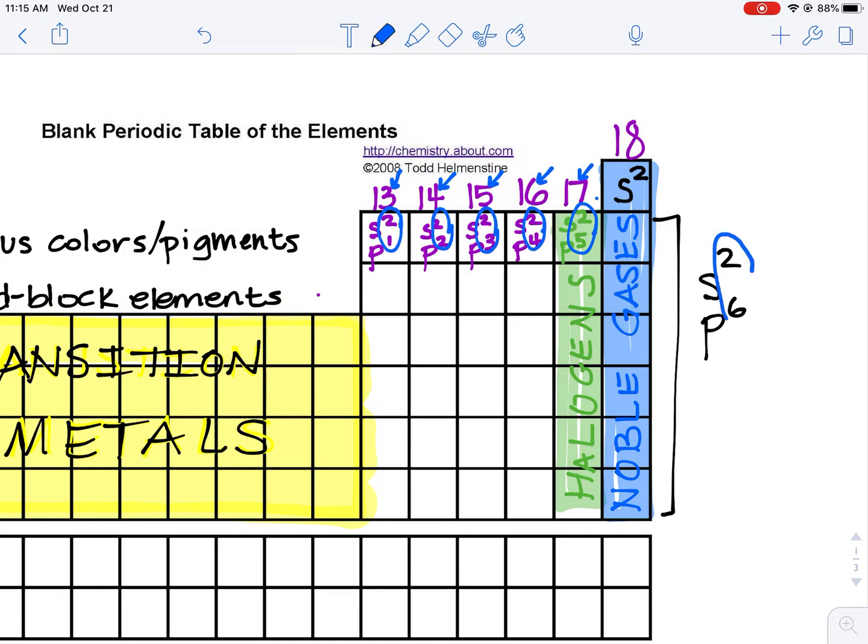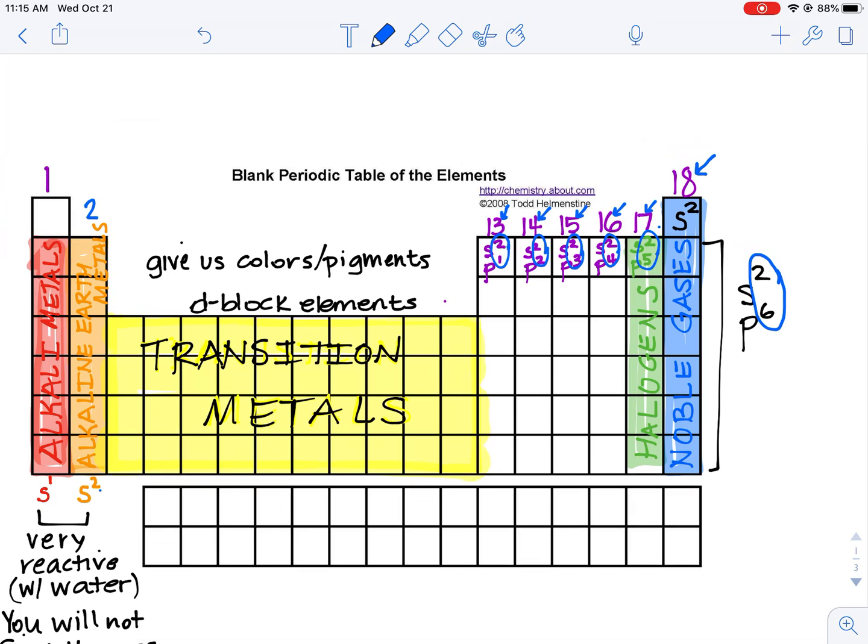If we follow the pattern that we established just a moment ago, adding up the numbers 2 and 6, the total number of valence electrons equals 8, which is the number in the ones column of the group that it's positioned in. So we have that relationship. And this now starts our conversation of why helium is positioned here in group 18 and not over here in group 2.